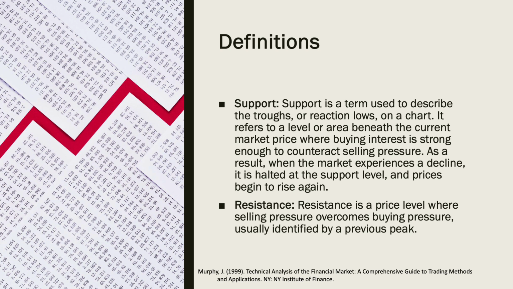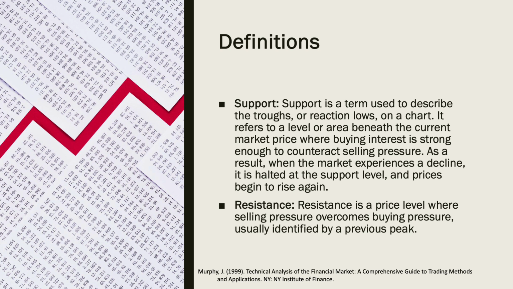Definitions. Support. Support is a term used to describe the troughs or reaction lows on a chart. It refers to a level or area beneath the current market price where buying interest is strong enough to counteract selling pressure.